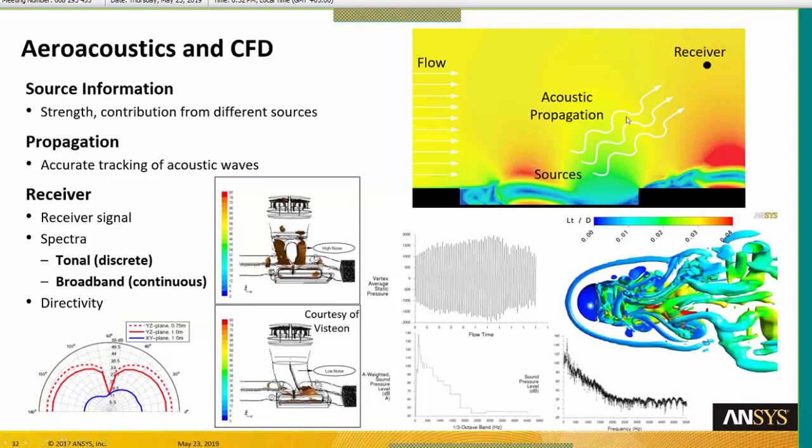Are the properties of the medium varying along the path of the acoustic wave? These questions are very important to correctly represent the acoustics. Then, where is the receiver located? Do you want to receive extremely complete information with discrete and broadband noise components? Do you want information about directivity? What is the length of the signal you want to recover? All these questions must be addressed.